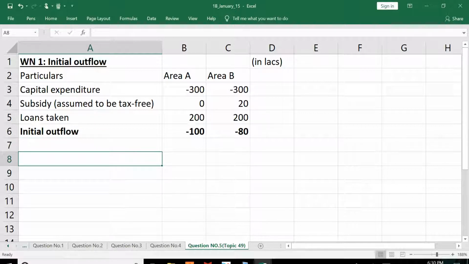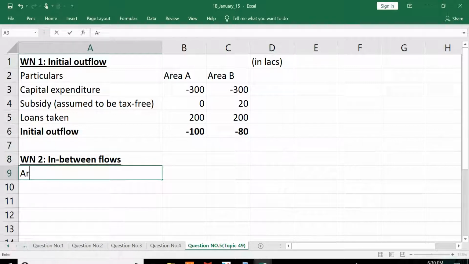Working note 2, in between flows. Let's do area A first. Particulars in 10 columns, for 10 years.